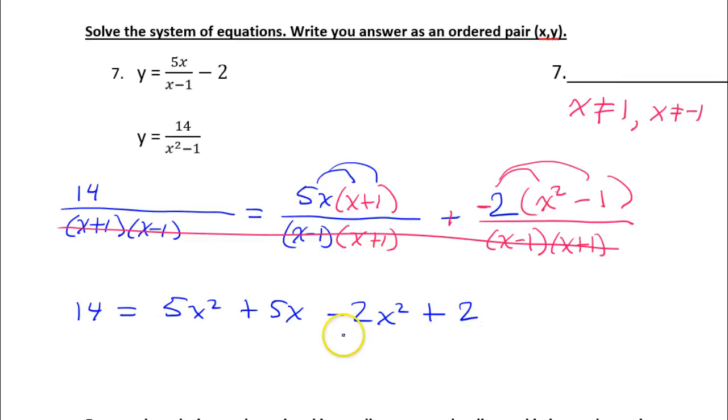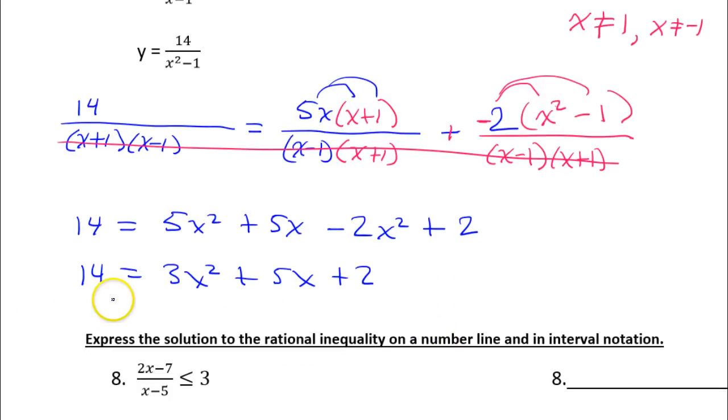I see some like terms that I need to combine on the same side of the equation, so 5x squared and negative 2x squared, that'll be 3x squared, and then that just leaves plus 5x plus 2. Whenever I have x squared and x, I get 0 on one side. So I'm going to subtract 14 from both sides like this.